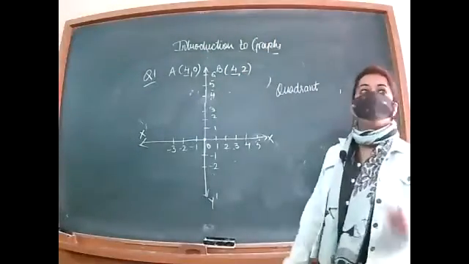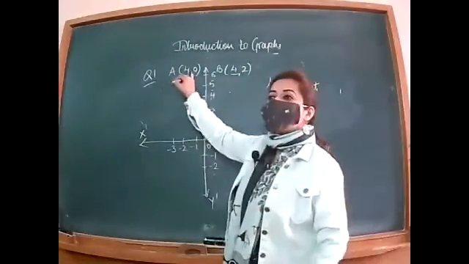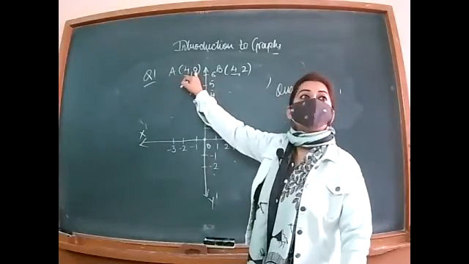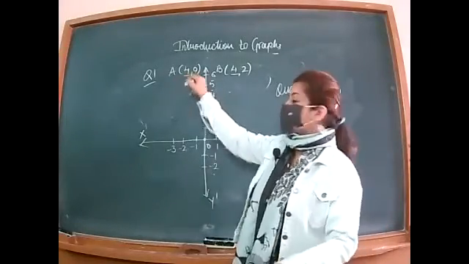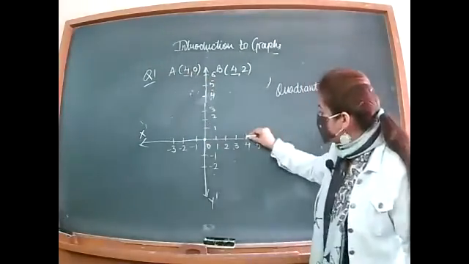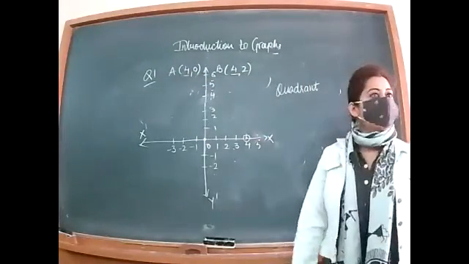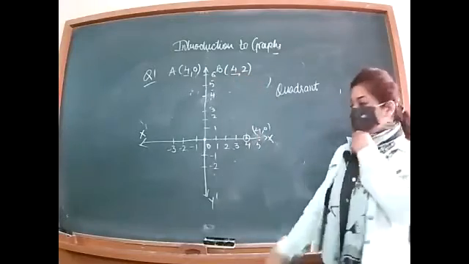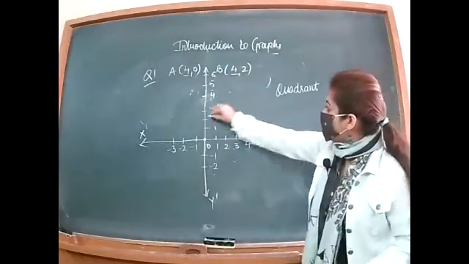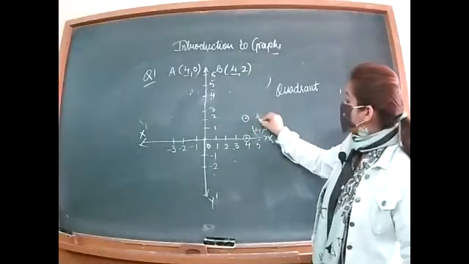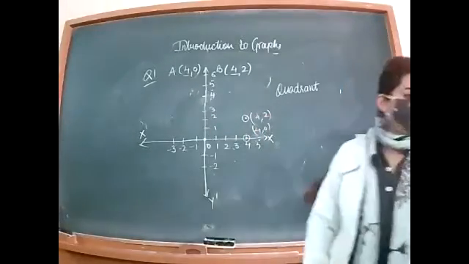Plot this first point 4,0. Actually here the y coordinate is 0, then it will definitely lie on the x-axis, and on the x-axis the point is 4, so this first point is 4,0. Next is 4,2, x is 4, y is 2, so this is 4,2.